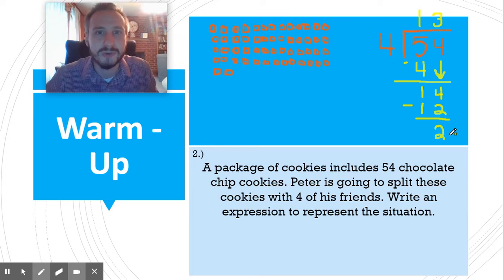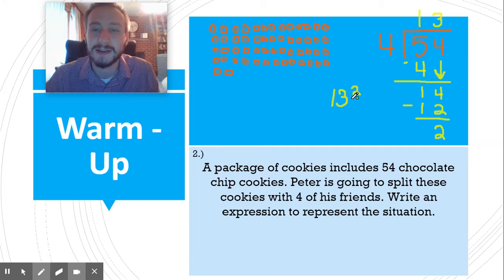Well, what are we going to do with those 2 cookies? So what we could do is divide these 2 cookies even more so that everybody still gets their fair share, right? So what we can do is take your 13 cookies, I'm going to write 13. We'll take our remainder cookies, which would be 2, and let's make that a fraction.